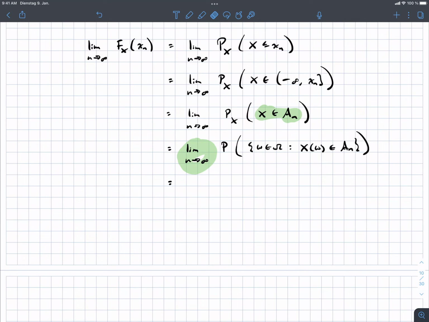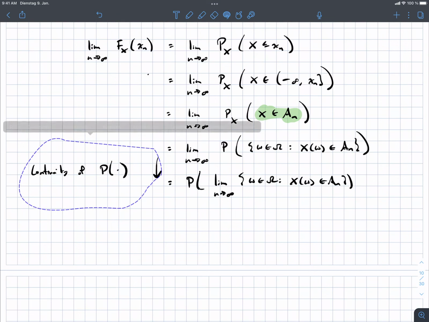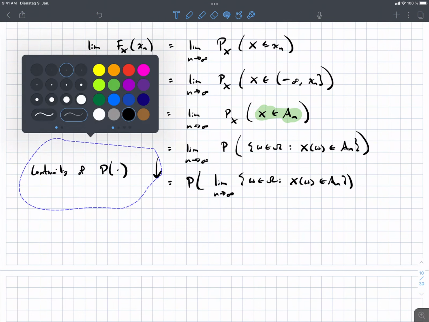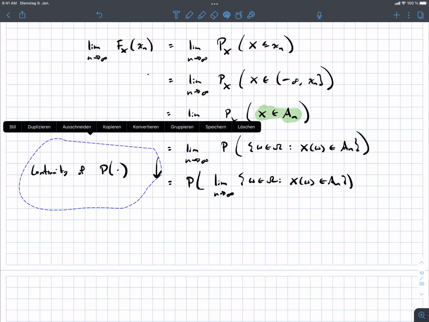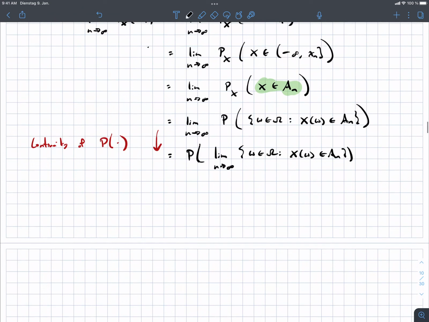We know it's true in general that it's continuous, but we proved it for an increasing sequence of sets. So I can push the limit inside. Let me write out here, this is because of continuity of a probability function. That lets us push the limit inside.